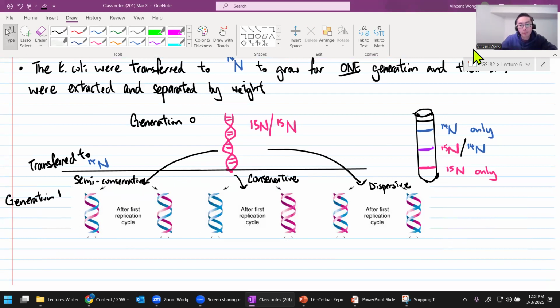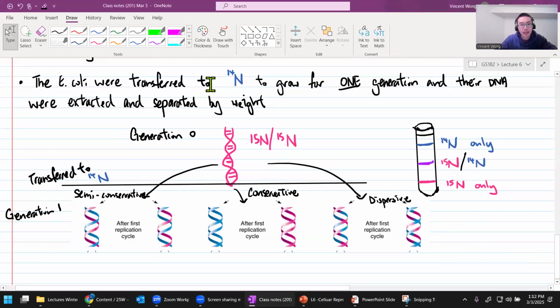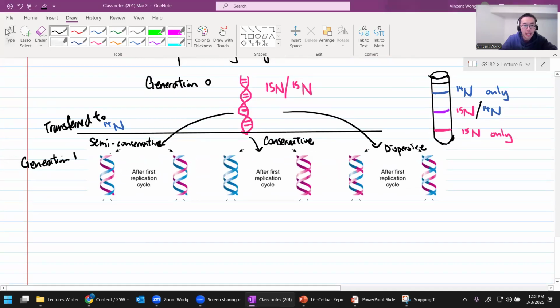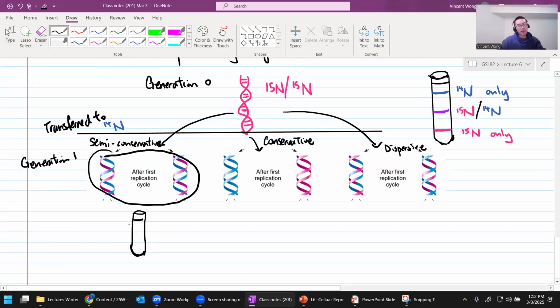So what happens? Well, they allow the E. coli to grow for one generation and then the DNA were extracted and separated by weight. So looking at this picture, these are all the DNA from the first generation. And if you spin it down on the test tube that I was explaining to you, where do you expect to find the band?